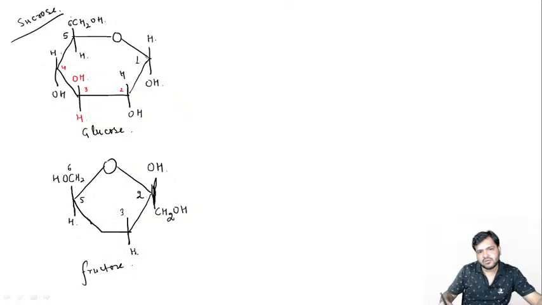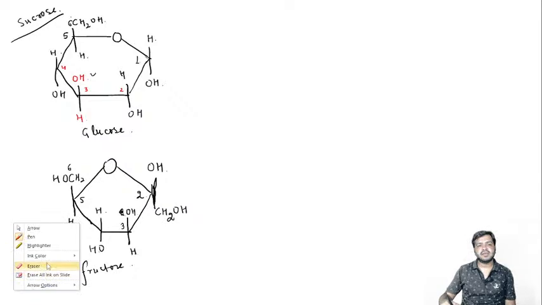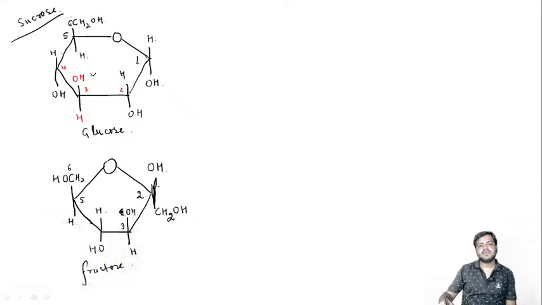Third carbon का hydrogen नीचे और OH ऊपर, and in the fourth carbon OH is the same and H is over here. So it is the same. You already know कि थर्ड कार्बन पे जो ग्लूकोज है उसमें OH is on the top side, and over here also the OH is on the top side. Okay, so you are very well aware कि ये वाला जो structure है that is of a fructose.